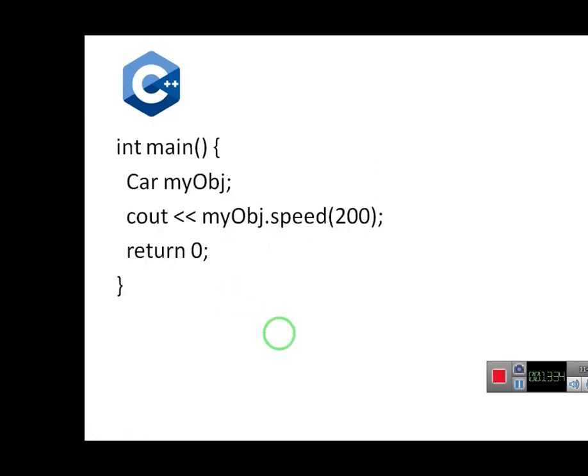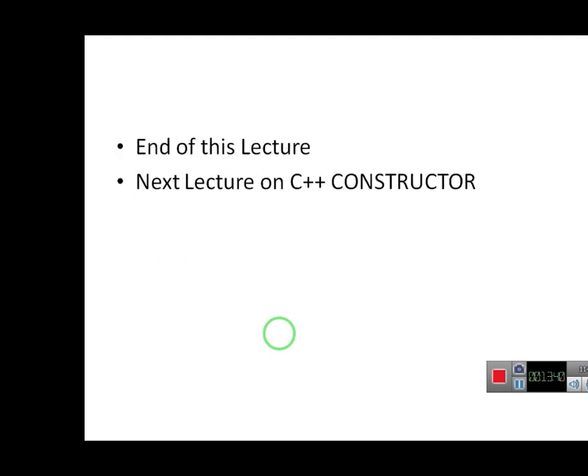Clear? So try this program yourself and run it. The next topic will be about the constructor in C++. We'll see that in the next lecture. Till then, understand this, practice this, and revise this.